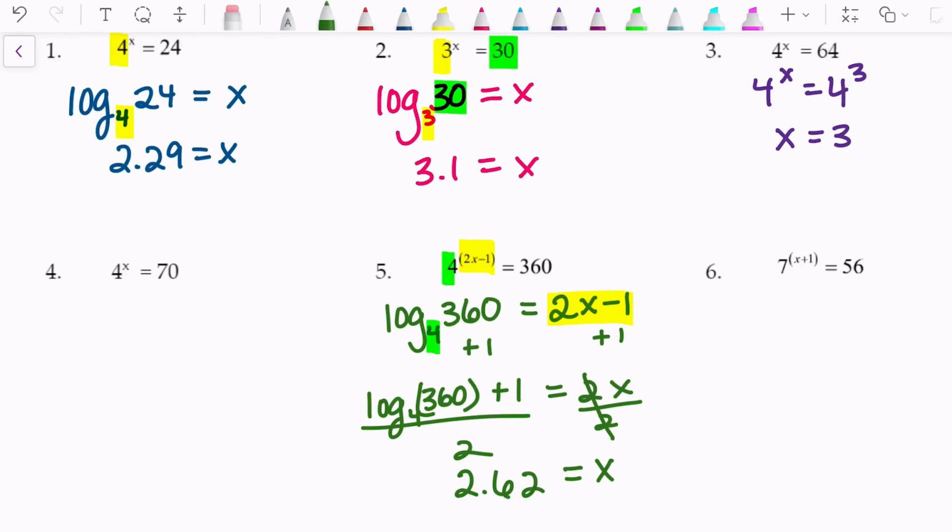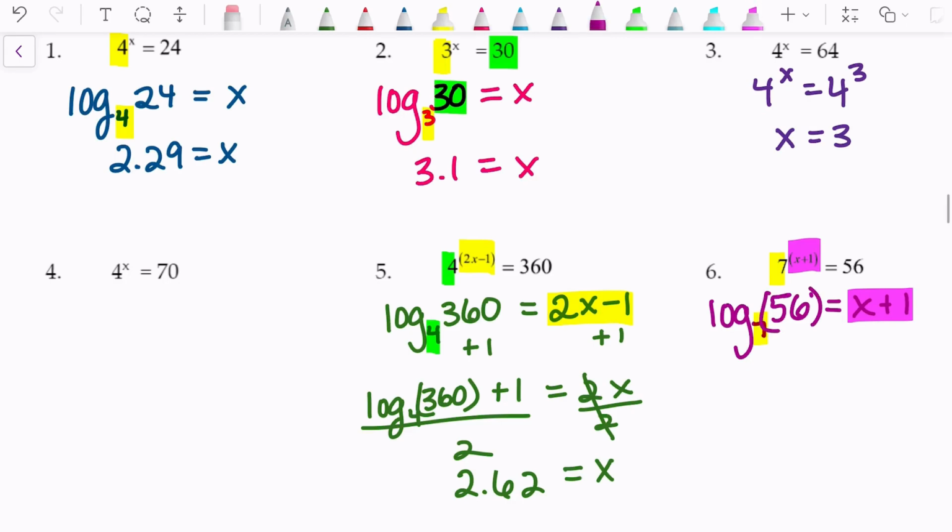All right, so number 6 here, I would do log base 7. So again, the base of the exponent is the base, the little subscript of your log. And then I have 56 is equal to the exponent, x plus 1. So my exponent is always what my log is equal to. And then I'm going to just do that one mathematical step here.